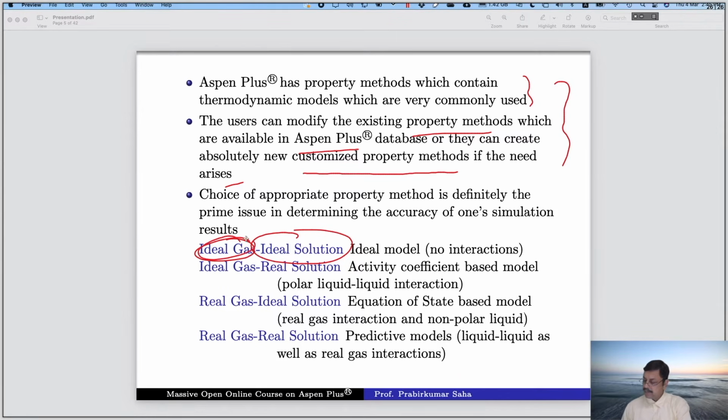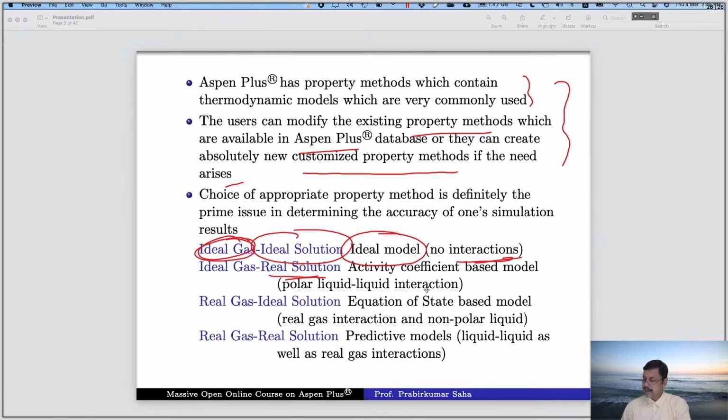That means when there is no intermolecular interaction, we can use an ideal model property method. But the moment there is some interaction between two liquids, especially for a real solution, that means when some polar components are present in the solution, then definitely there will be some liquid-liquid interaction.